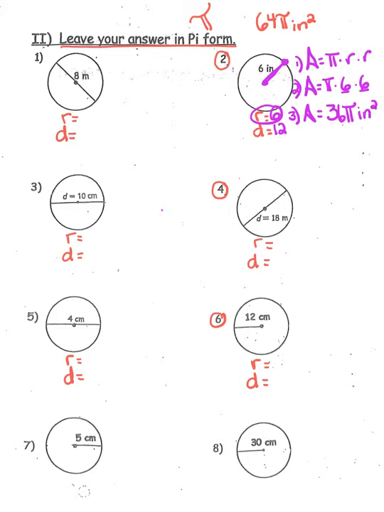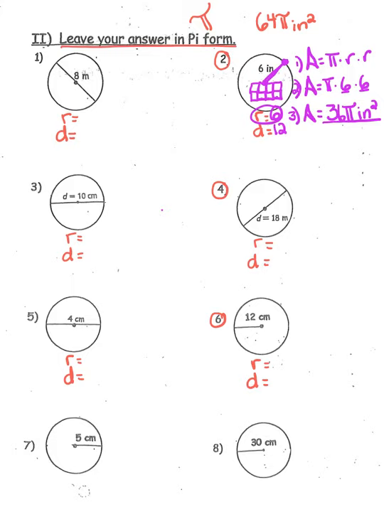And that's it. You're done using this 3-step process with calculating the area in pi form. Remember, area is the measurement of the flat surface inside the circle in square units. In this particular case, we've left our area in pi form as requested. That's it. You're done with problem number 2.